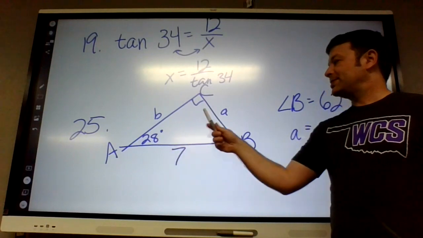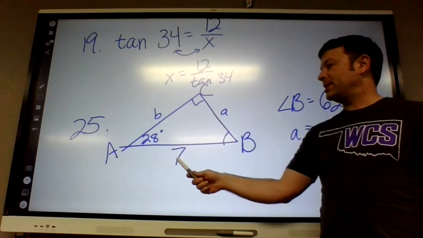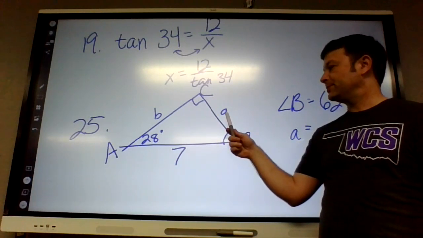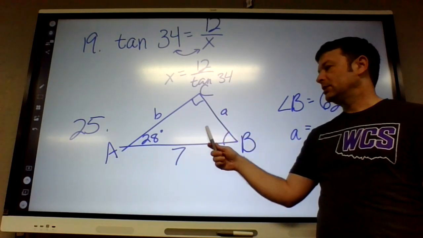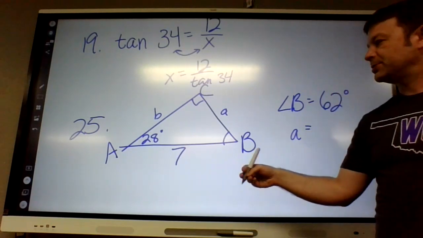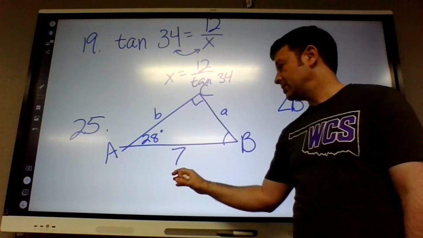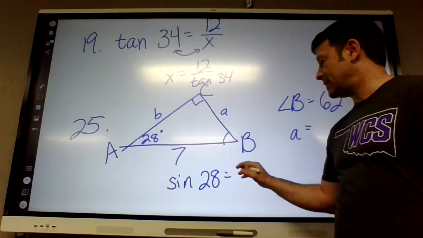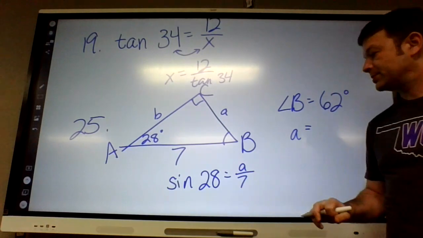So you need the side that you're looking for, and you need a side that you know already. Relative to this angle, what side are we looking for here? Opposite. And we have the hypotenuse, which is which trig function? Sine of 28 equals opposite over hypotenuse.